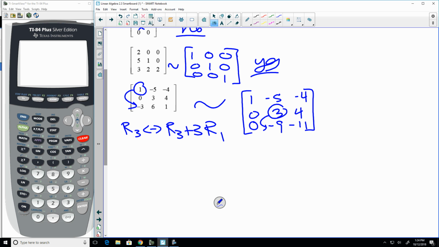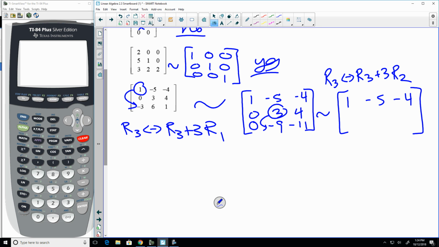And then it'll be triangular, right? So replace row 3 with row 3 plus 3 row 2. So this is negative 11 plus 12, so that's 1. That's triangular, right? So for the same reasons the one above it was invertible, now this one is, so this is a yes.